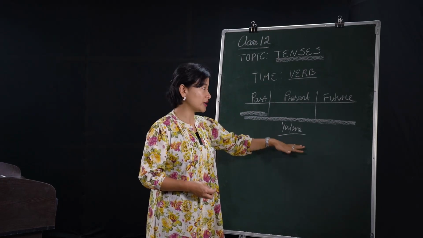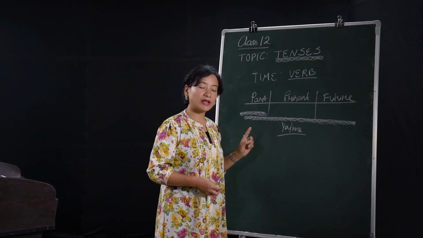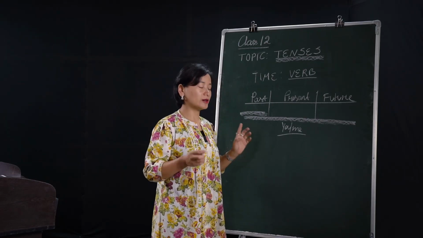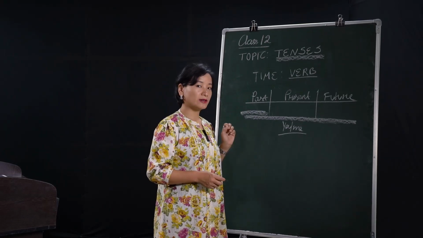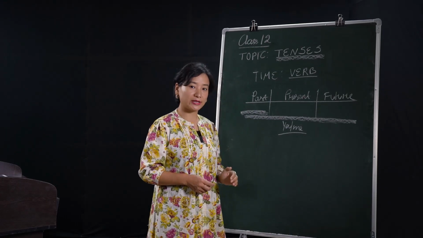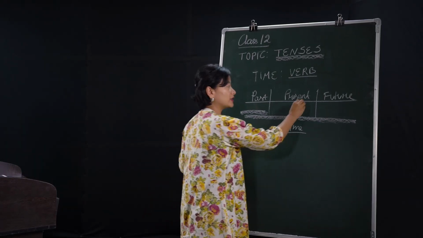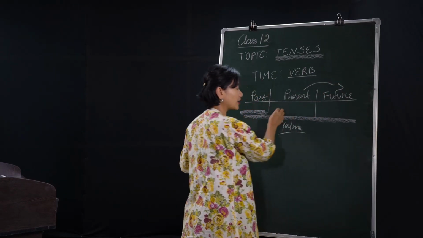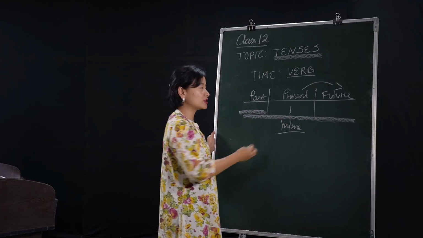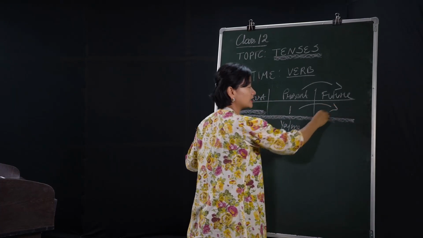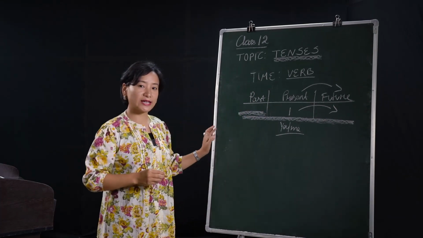So you or me. Now, when we are referring to an action that will happen, that is expected to happen in the future, that is in the future tense. At the moment of speaking, you are referring to something that will happen in the future, so you would use future tense. So that's how we can understand it.